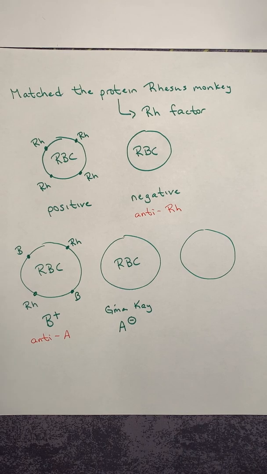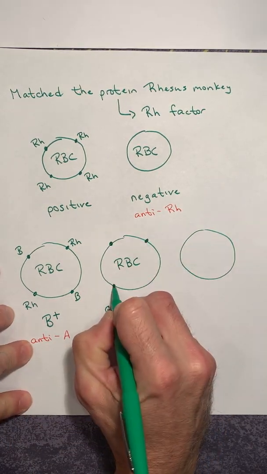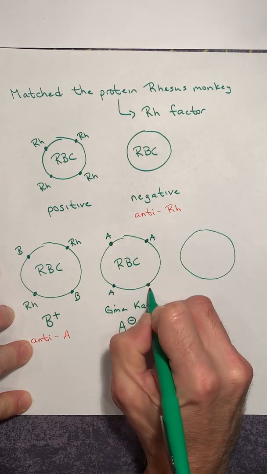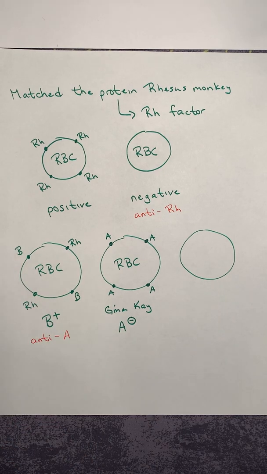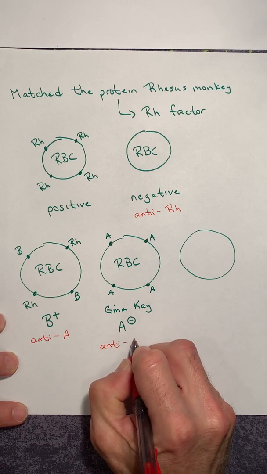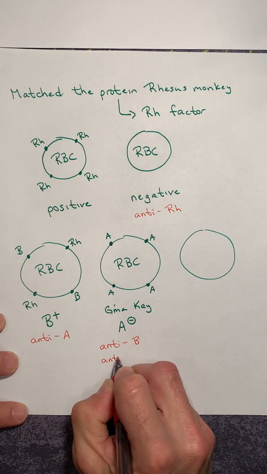Okay? So Grandma K is A negative. What does that mean? That means that in her red blood cell, she produces the A glycoprotein, but no Rh. So that means that my mom produces anti-B and anti-Rh.